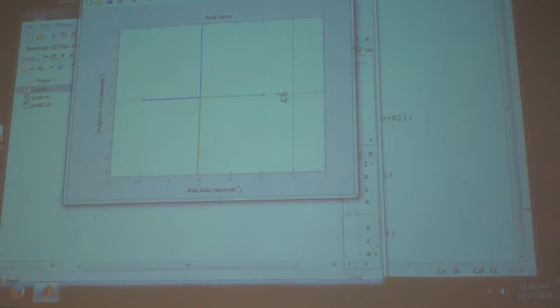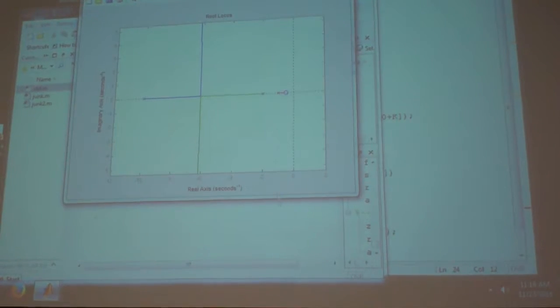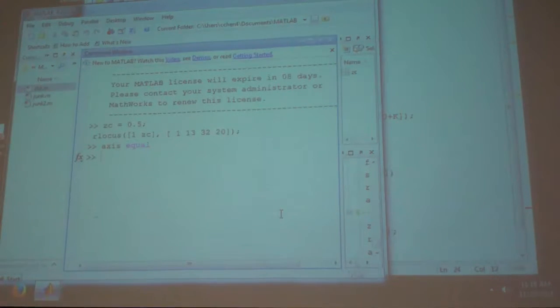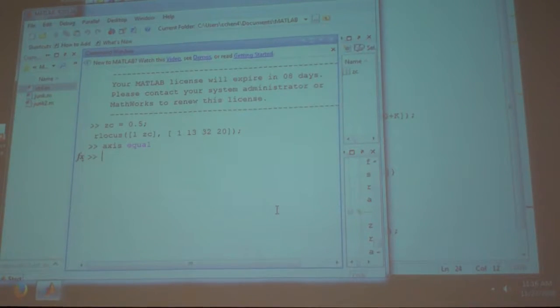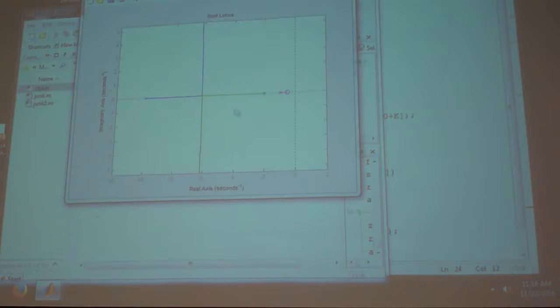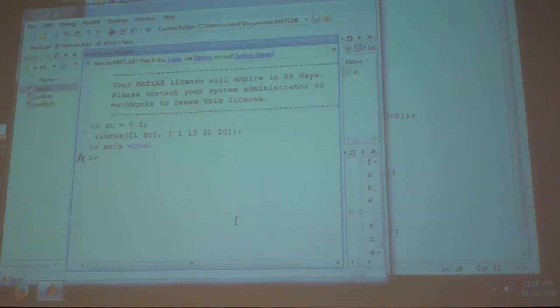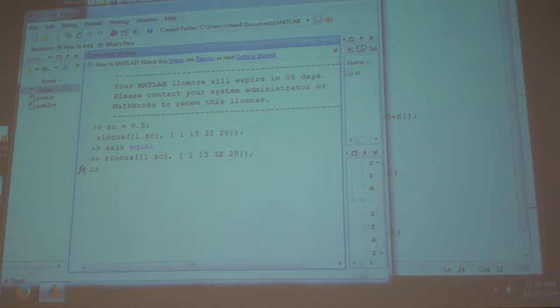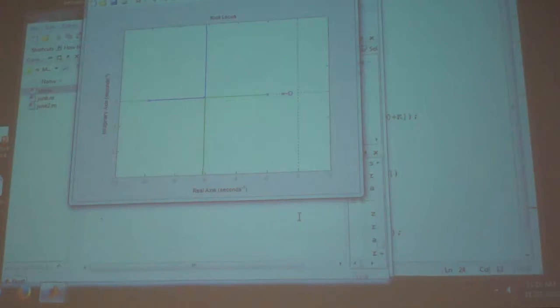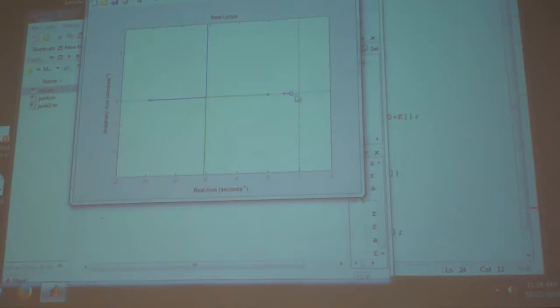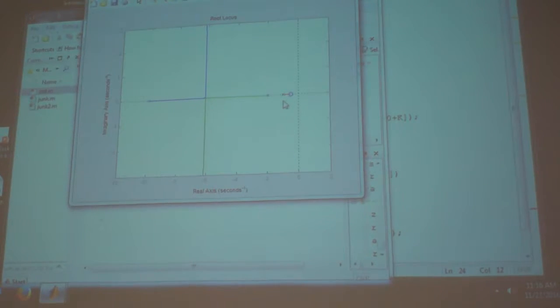I don't think even the axis is equal. I think you have to replot it. Try replotting it. Good, right now it's equal.